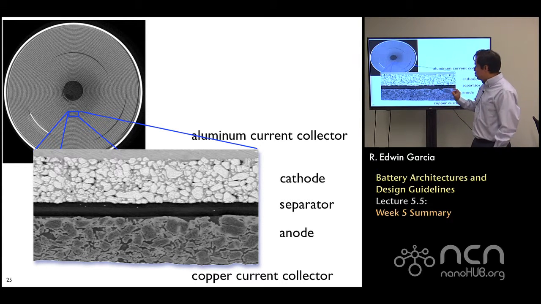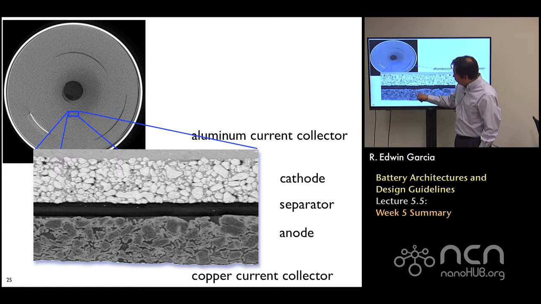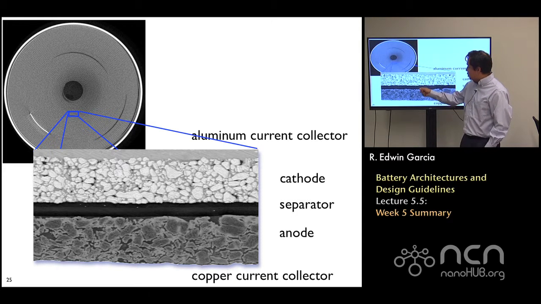If you look closely at the slide, you will see that there are color differences between what happens in the anode, the cathode, and the separator. This difference in gradations of gray shows that the separator itself has its own internal structure, specified based on what you want that separator to be.